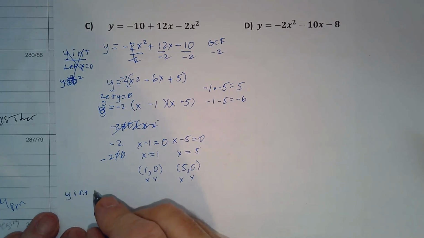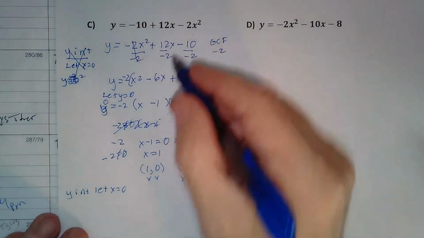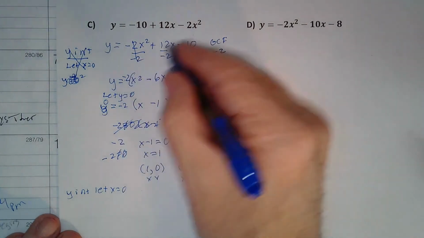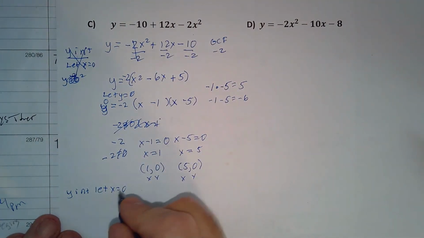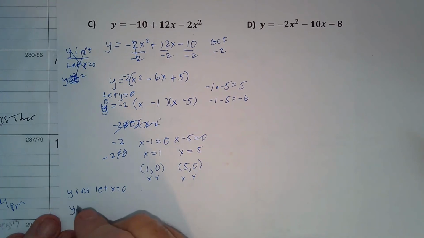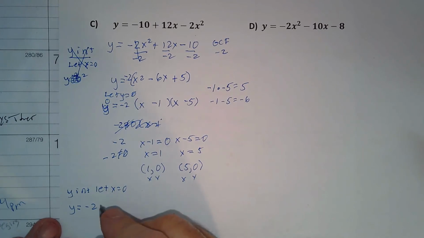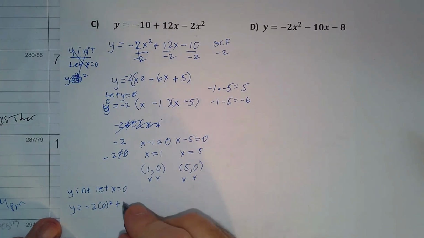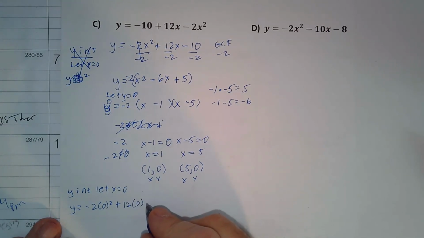again, we're going to let x equal 0. So we're just going to go back to the original equation, but we're going to leave it in the order that we had over here, with the leading term negative 2x squared. So if we let x equal 0, y equals negative 2 times 0 squared plus 12 times 0 minus 10.